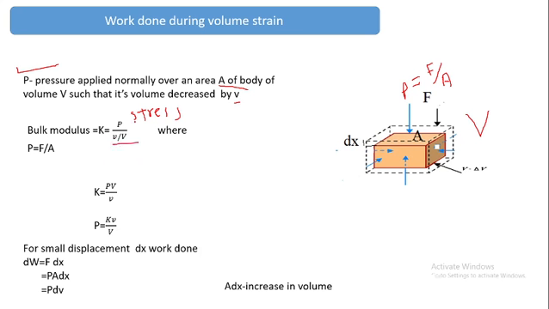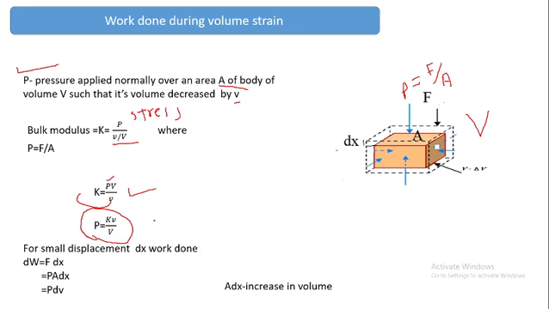So we manipulate the terms: K into v divided by V equals P, so P is equal to Kv divided by capital V. This is the pressure exerted on the face of the cube.